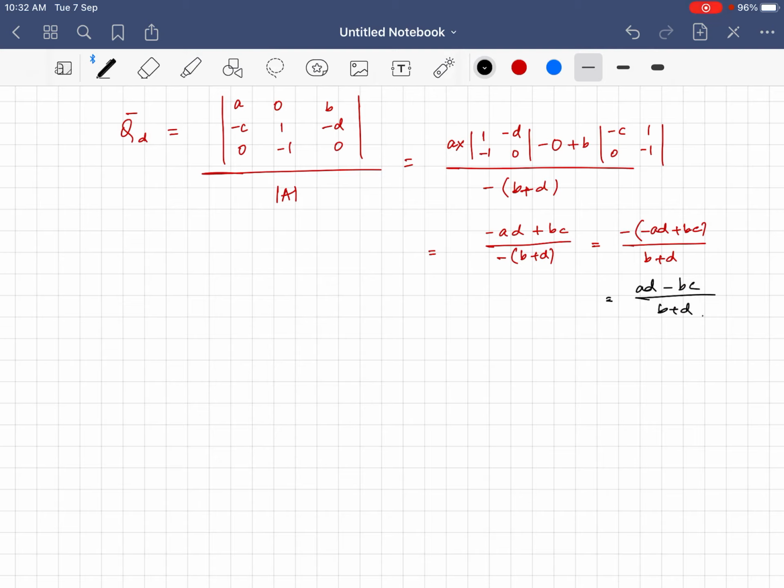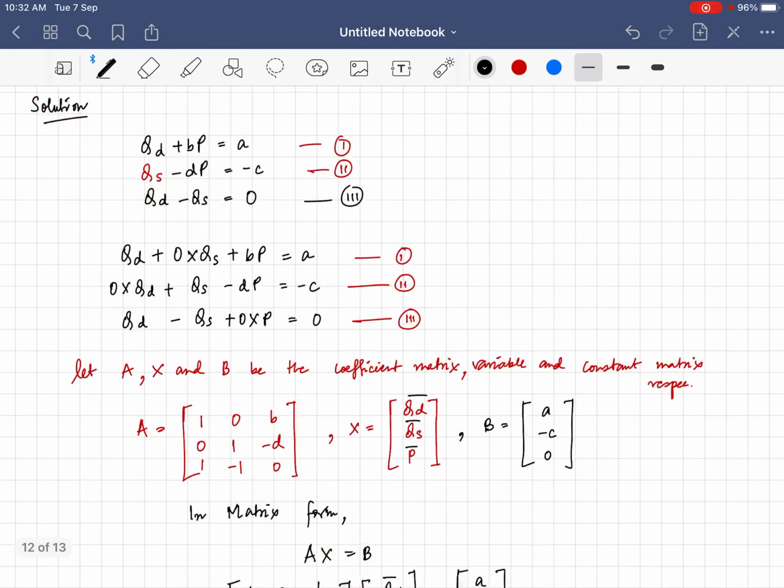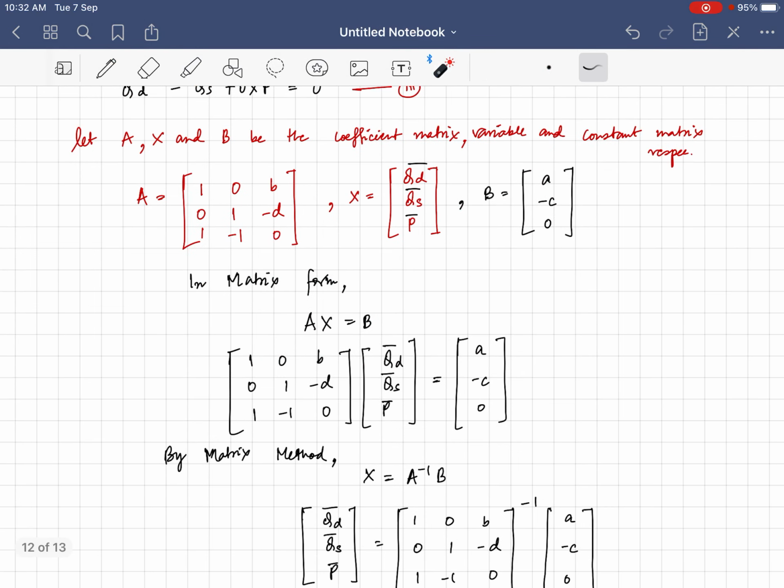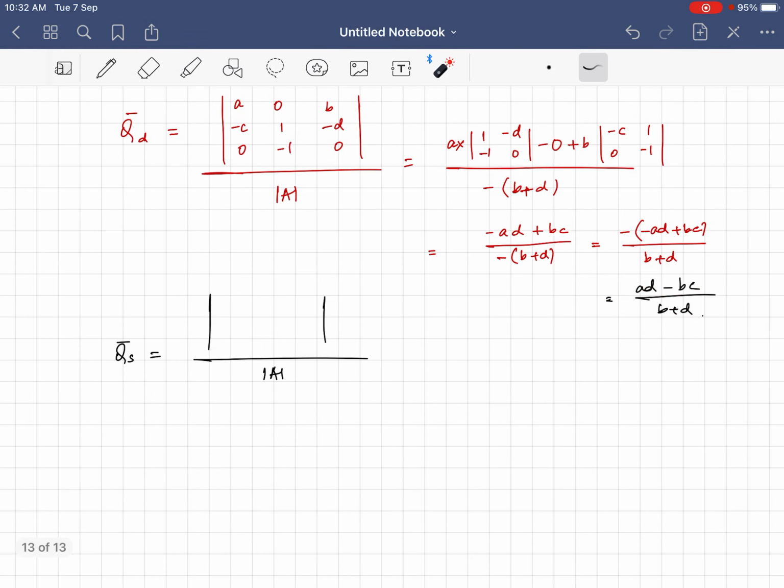So likewise, we have to find QS. So QS will be equal to what? QS will be equal to the determinant value of, now here the second row will be replaced by the constants A minus C, 0. So let us do that.